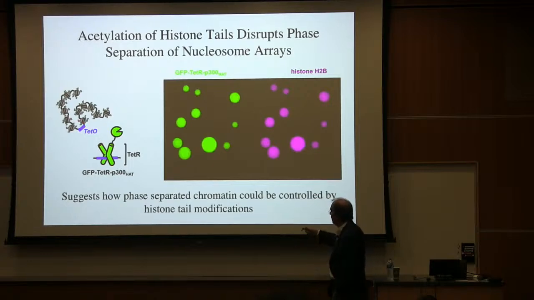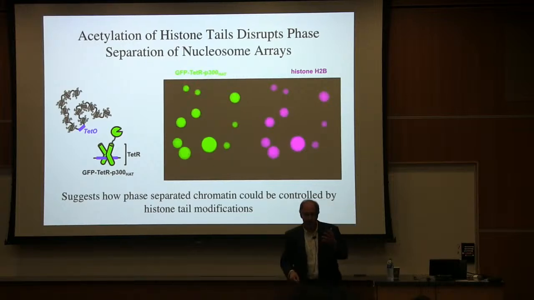And so if we label this histone acetyltransferase with GFP, we can see that initially it gets into the droplets quite well. So here is an image of droplets looking at the histone. Here is those same droplets now looking at GFP, and you can see we get very high concentrations of this enzyme into our droplets.